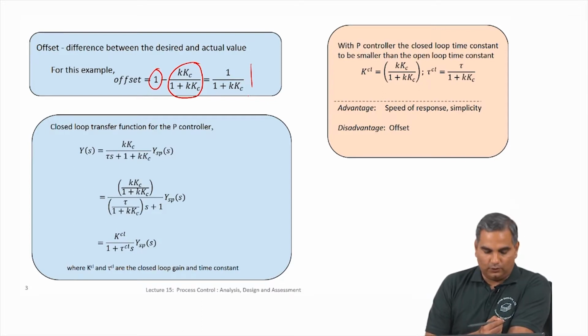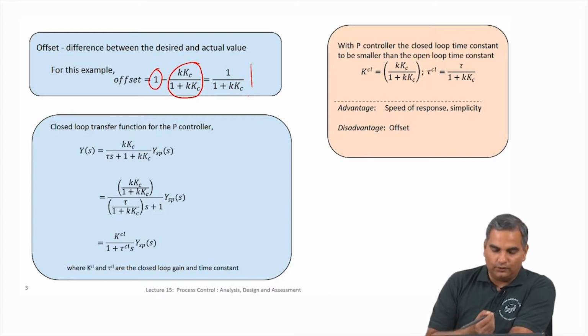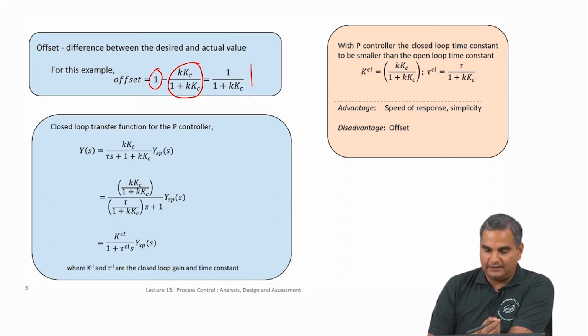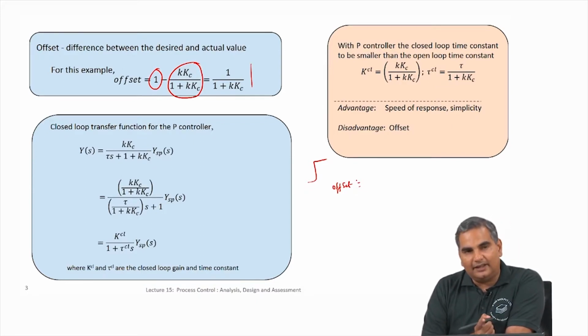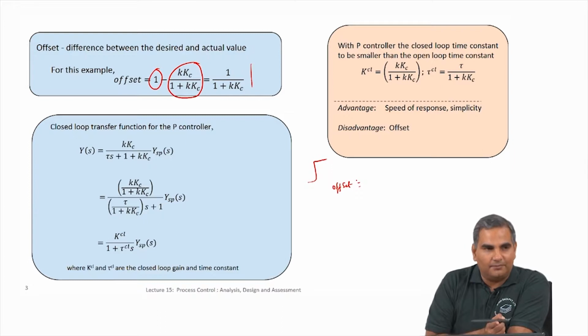Of course, you could also find the offset for the disturbance. Let us say I gave a disturbance step and I try to find what the offset is. In that case, you have to ask what the desired value for the output is. The desired value for the output is 0. It is 1 in the servo case because it is a set point change and I want y to follow the set point. In the other case, I have a disturbance step and I do not want the output to follow the disturbance, I want the output to stay where it is.